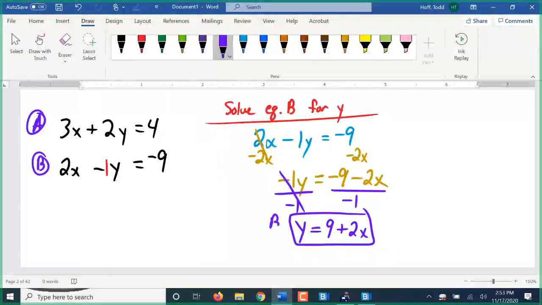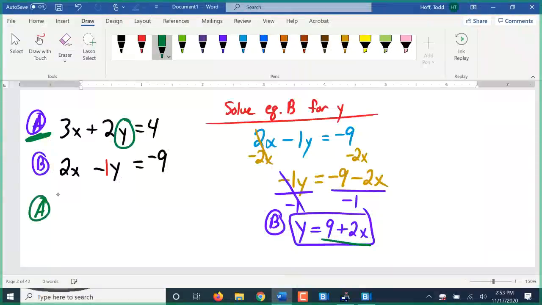Now we do have to remember that's equation B, because now we have to put it back into the other equation. We have to make sure we put it into the other equation, in this case equation A. So we're going to replace y with 9 plus 2x.